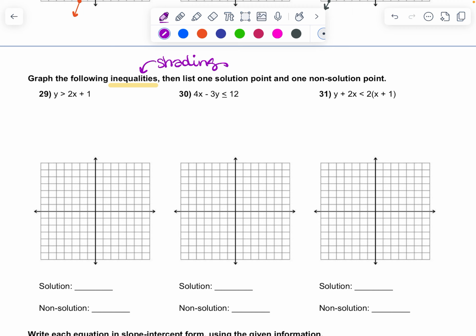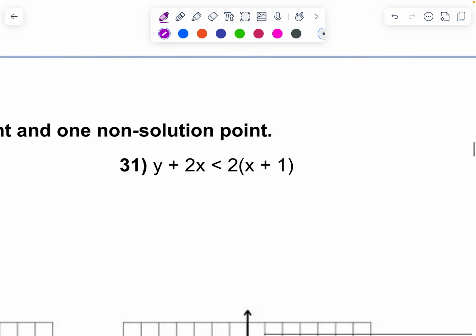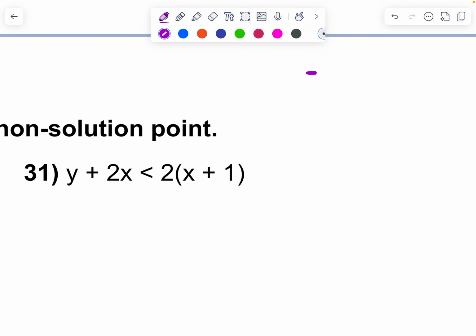On all of these, I'm going to convert all of these into slope-intercept form. The reason I want to do that is, remember when you solve inequalities, I'm going to do a little refresher up here in the corner. If I have negative 2y is less than or equal to 6, we solved these types of equations back in unit 1. If I want to solve for y, I have to divide by negative 2.